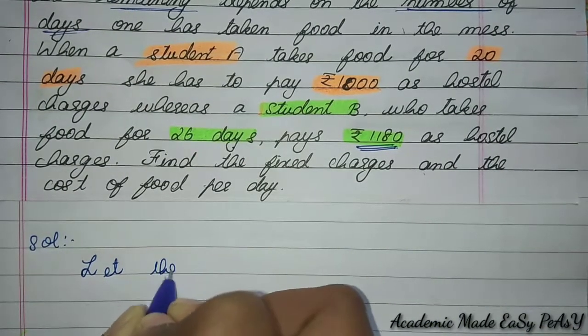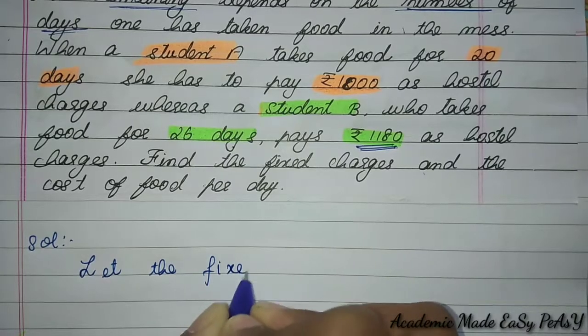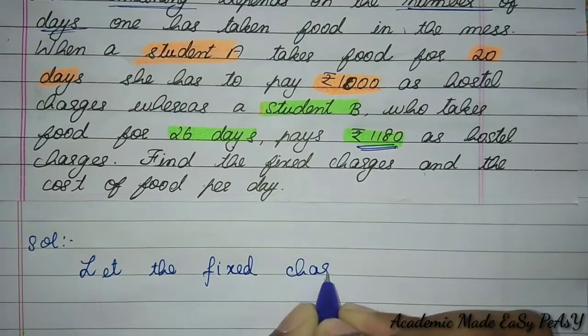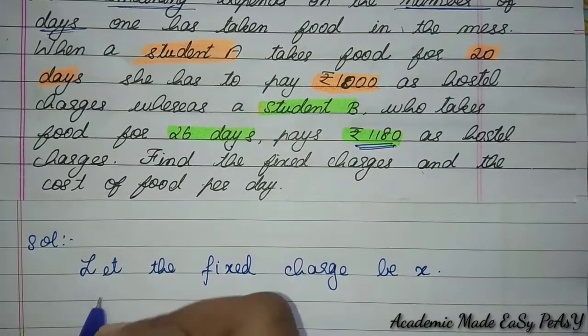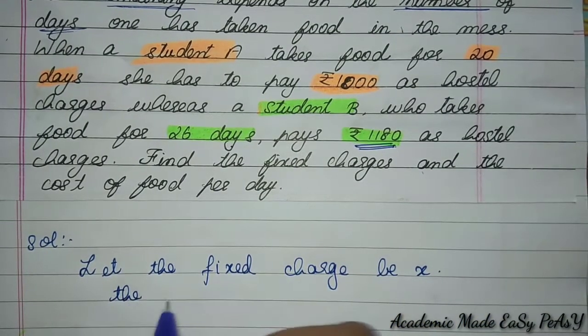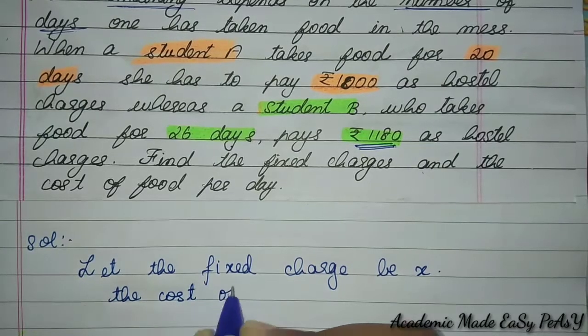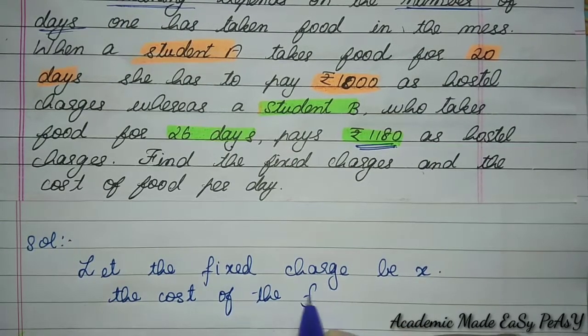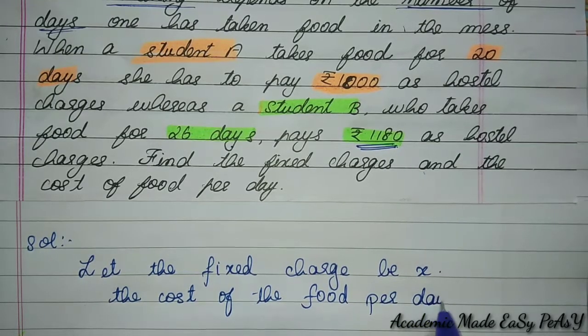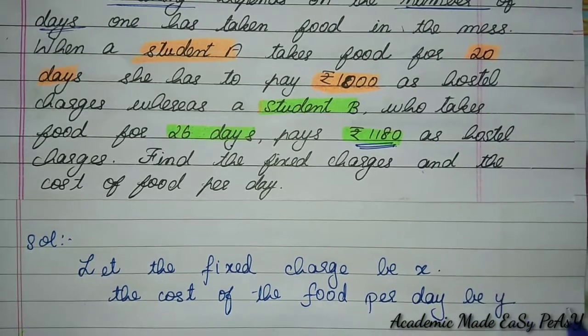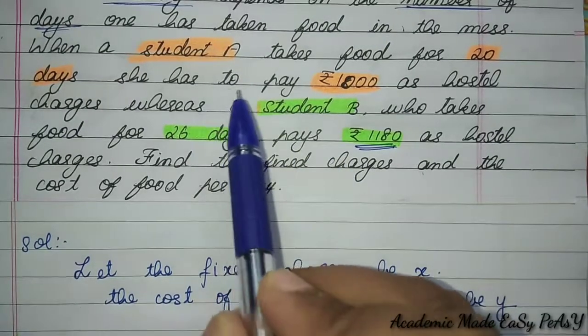Now let the fixed charge be X and the cost of the food per day be Y. So now let us take this equation.